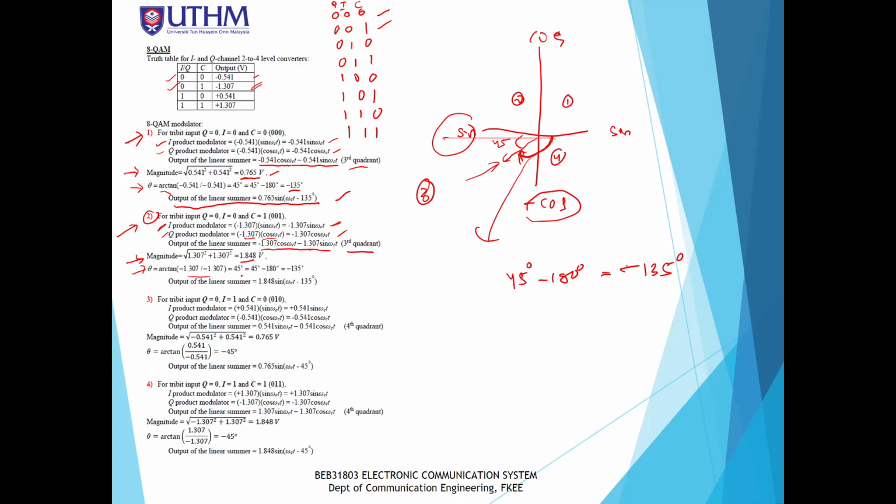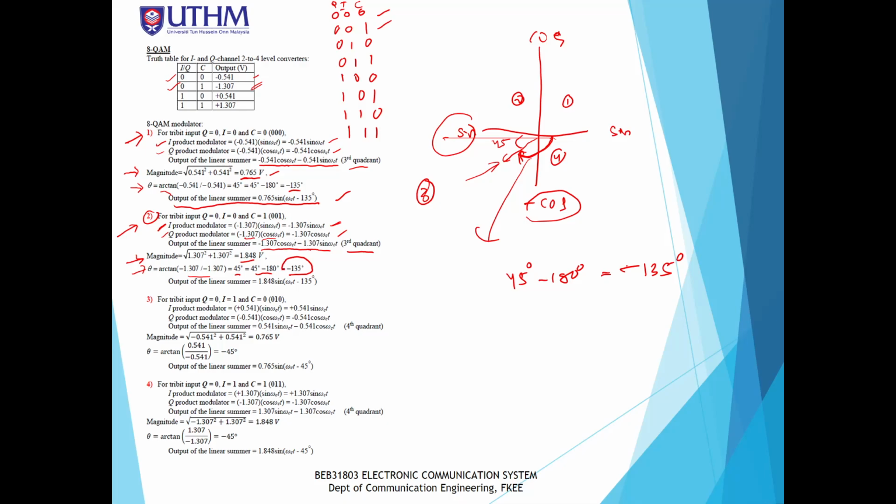So arctangent of 1, you get 45 degrees. Remember, you need to change your calculator mode into degrees so that you can get the 45 degrees. Again, this is 45 degrees at the third quadrant. So that means this is 45 minus 180 degrees, so it is actually minus 135 degrees.